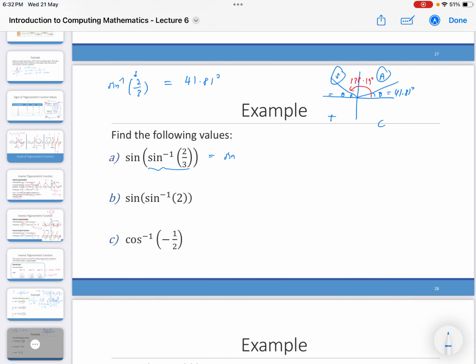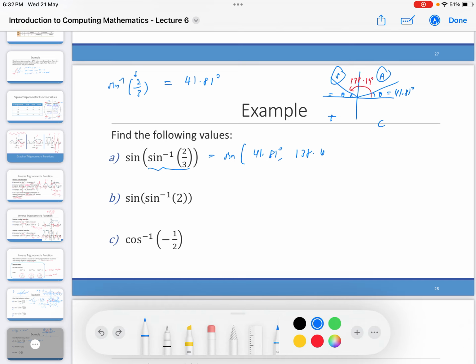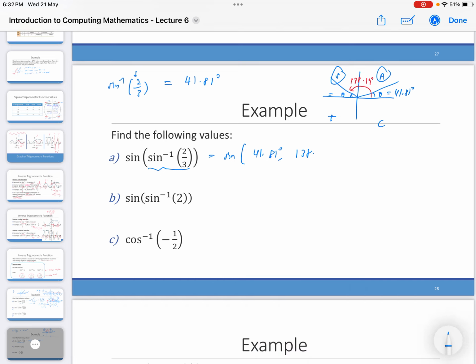So now we know the angle here is 41.81 degrees, and we have 138.19 degrees, and so on. Now we want to calculate the sine. When you press the calculator, every angle here gives the answer 2/3.